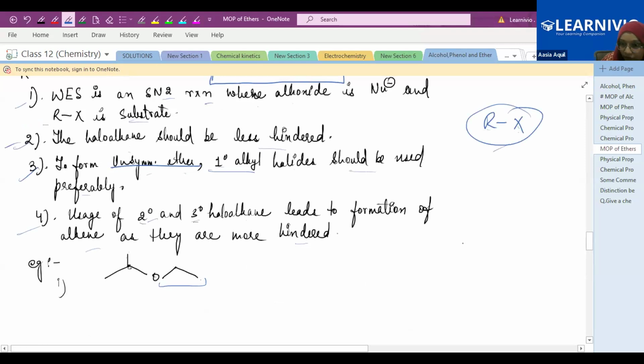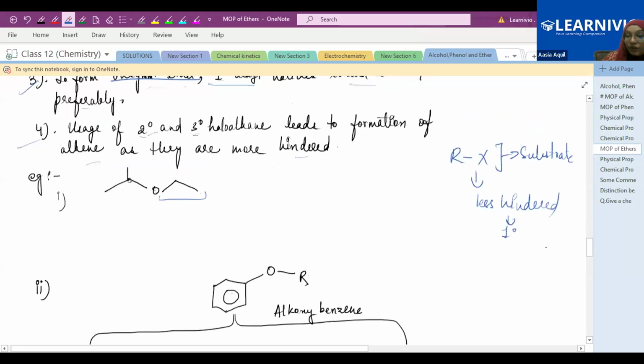Here you know RX is your substrate. Haloalkane is your substrate, and the substrate we have to take should be less hindered. Less hindered means you will prefer the primary alkyl halide.